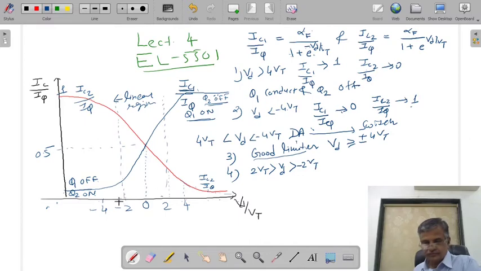Between these two, or I should write like this. Okay, it's okay. Between these two, you can use it as a linear amplifier.